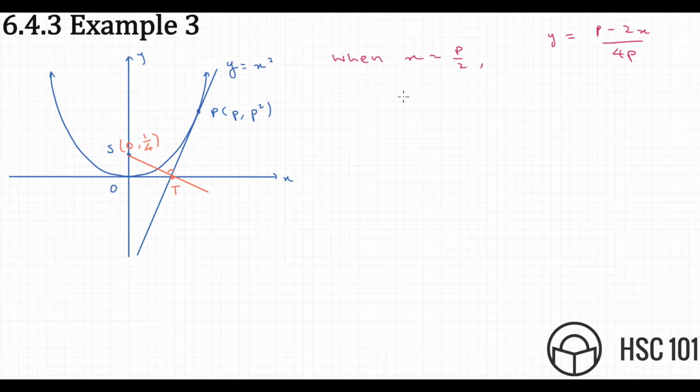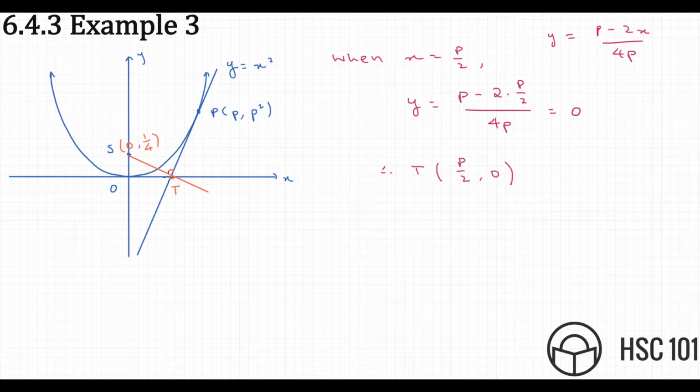So when x equals p over 2, our corresponding y value is going to be (p minus 2 times p over 2) divided by 4p, and that's going to give me y equals 0, because I get (p minus p) divided by 4p, which is 0. So the coordinates for T are (p over 2, 0).